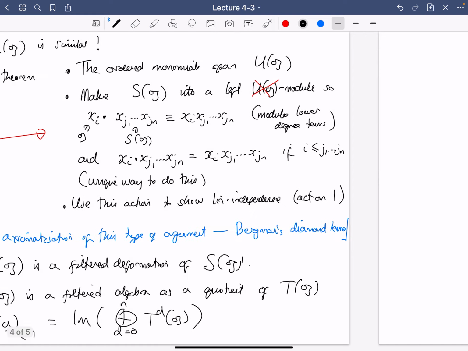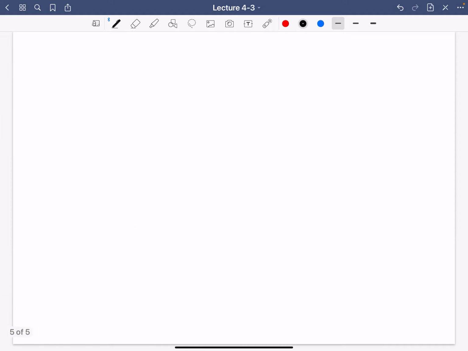And I claim that the associated graded algebra is the symmetric algebra on the vector space g. This actually follows from the PBW theorem. Indeed, it's equivalent to the PBW theorem that we just outlined how you would prove, if you were diligent enough to go through that delicate induction.